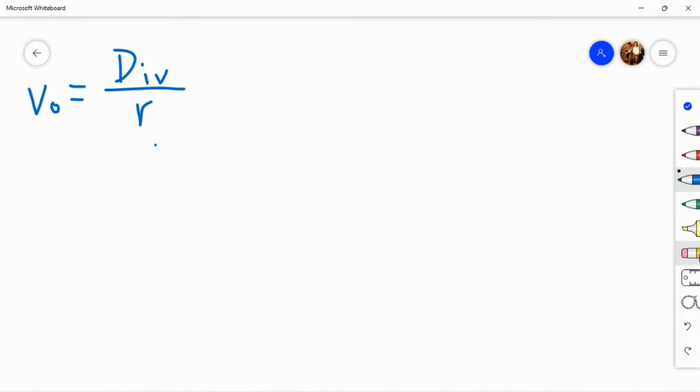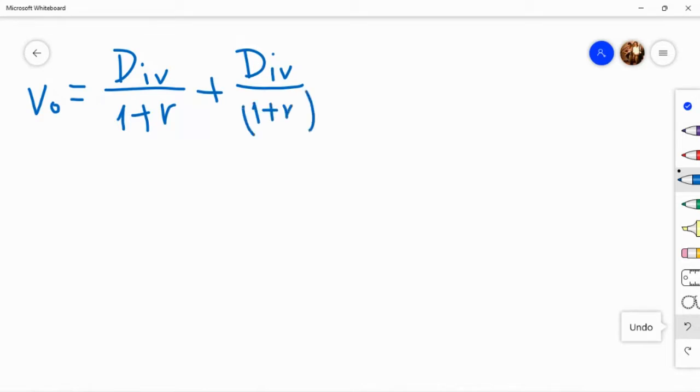And then we have to discount it by 1 plus R. And then the second period dividend will be discounted by 1 plus R squared, right? And so on.